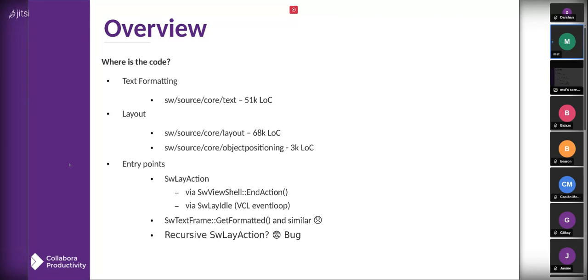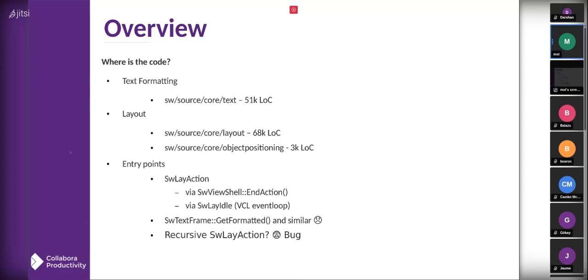So the most common way to invoke the layout is via the SwLayAction class, which contains some code to set everything up and to iterate over all of the pages, and then to position first all the layout frames, and once that is done, it will call the text formatting for all the text frames, and so on, until everything on the page is valid, and then it will continue with the next page.